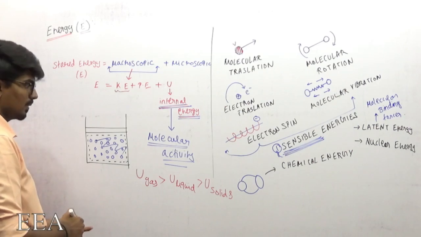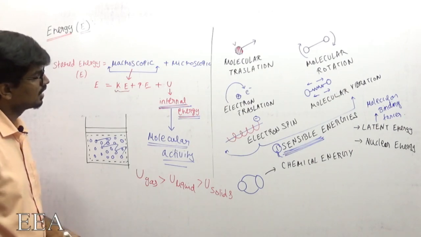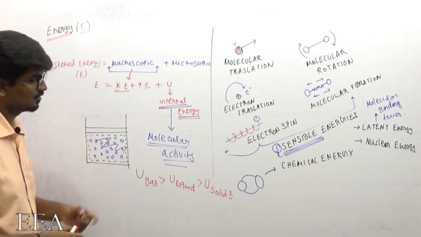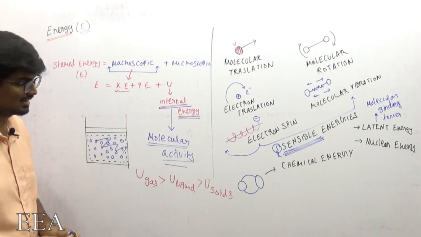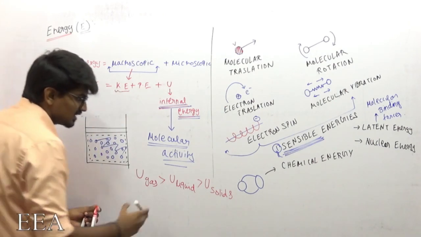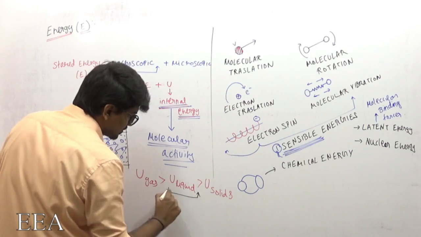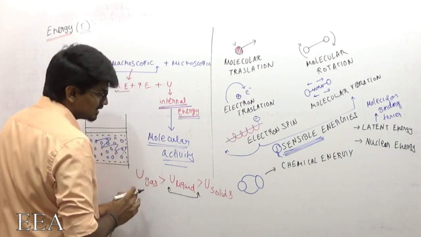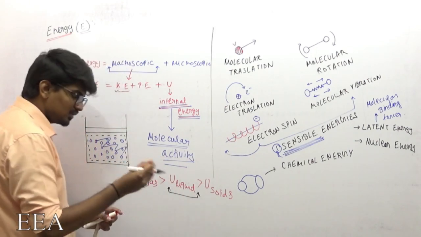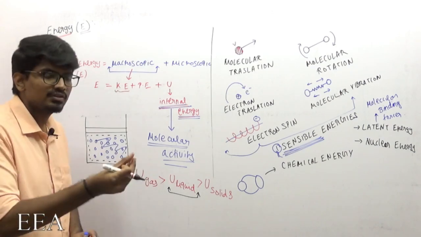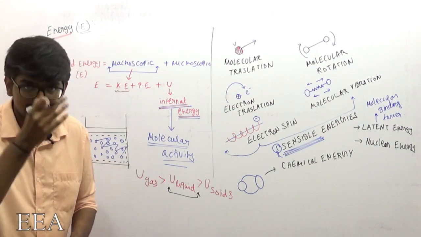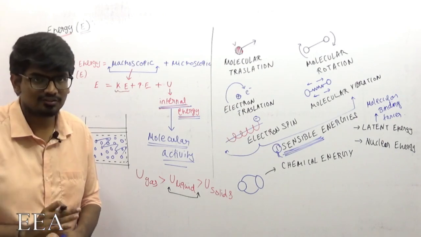Now the next form of energy which I am going to discuss is latent energy. Suppose I am supplying some heat when it is in liquid form, the molecular bonds start to break and the liquid gets converted into gas, and that is nothing but phase change.